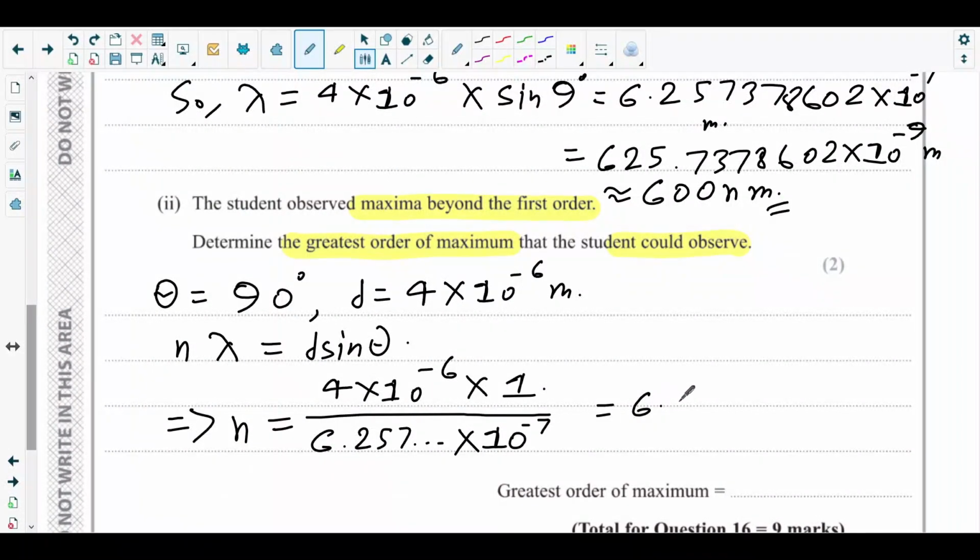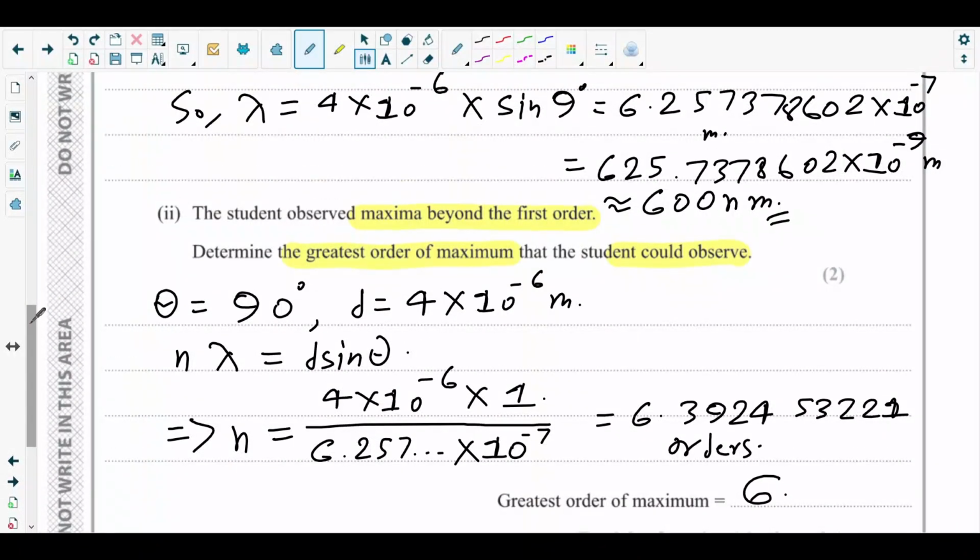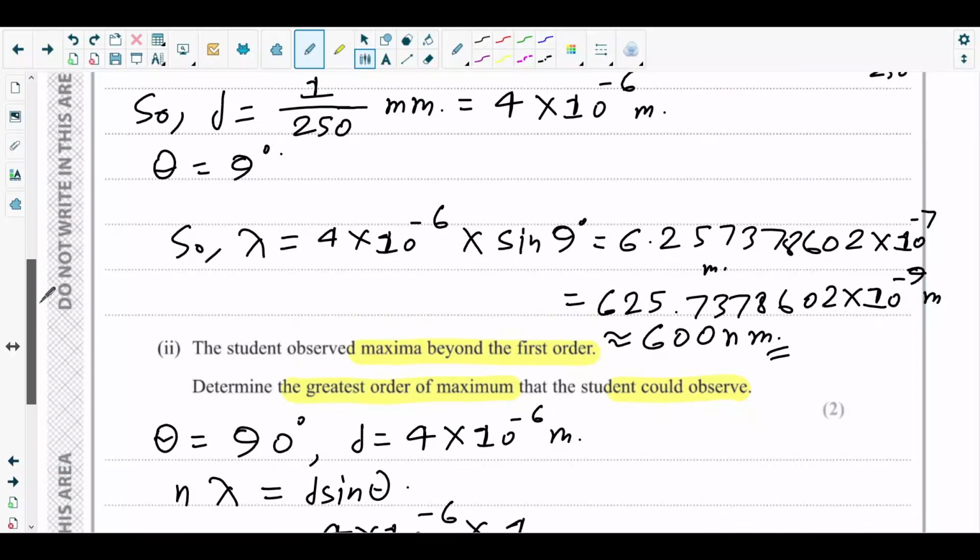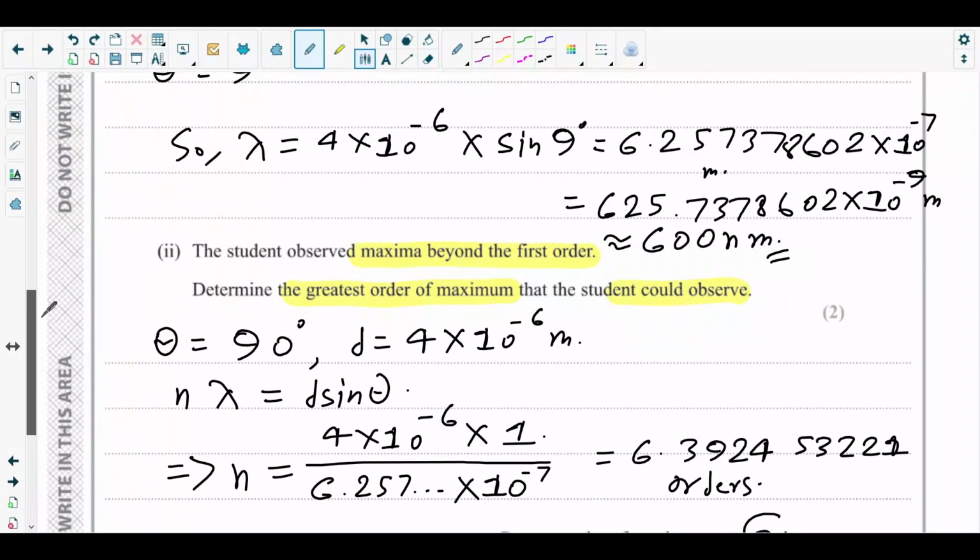So the greatest order of maximum is exactly 6. We can see exactly 6 orders of maximum. Okay, and that's the answer for part C2. Fine.